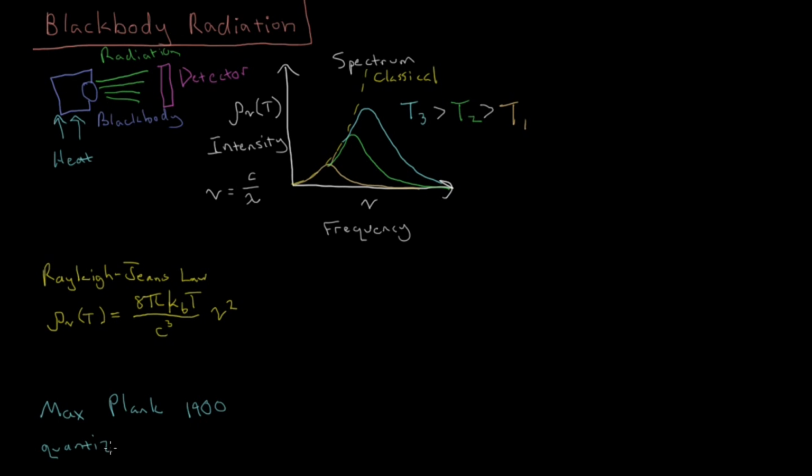There are only certain allowed energies for the particles within this black body, and those levels are quantized such that the energy of a given particle is equal to an integer, n, times this constant h times the frequency. The key thing here is that n is an integer. This is the sign that n belongs to the group of integers, which is the symbol, this double bar Z here.